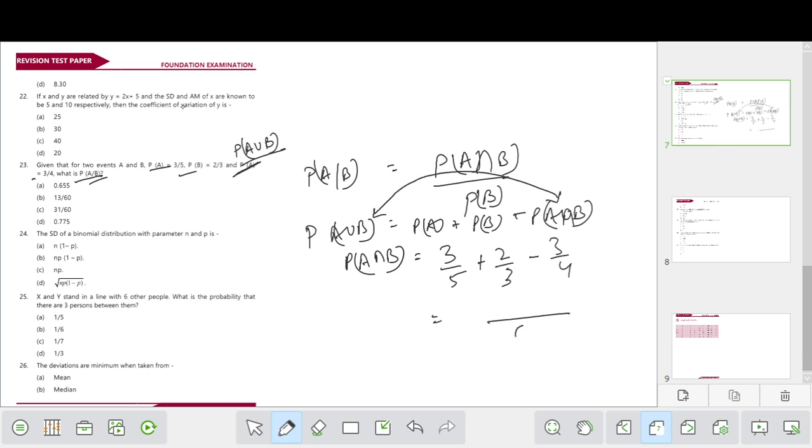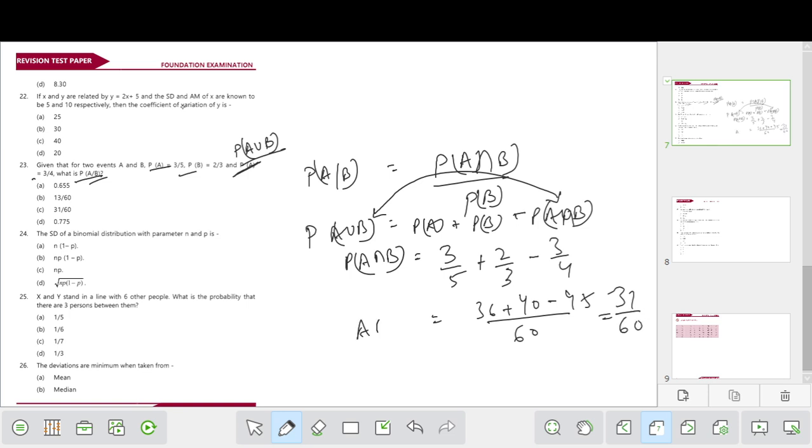Just interchanging this with this, we'll get the answer as 60. This is 36 plus 40 minus 45, that is 31 by 60.